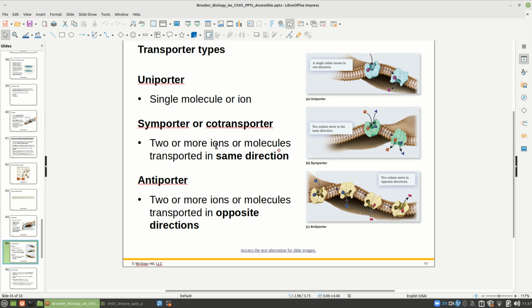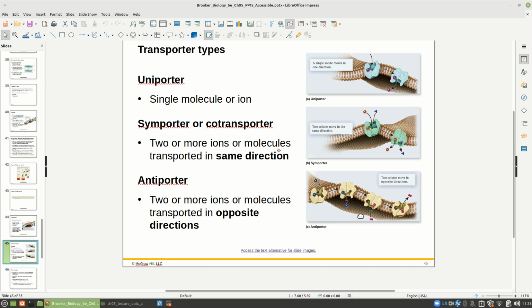That is a symporter. Contraporter would be when you have one has to come in and another one has to, or actually, yeah, that's an antiporter, sorry, where something has to come in to let something else out. And they do not necessarily have to be on the same complex. So you can see here that the little blue molecule attaches here, while there's another one over here that's red.